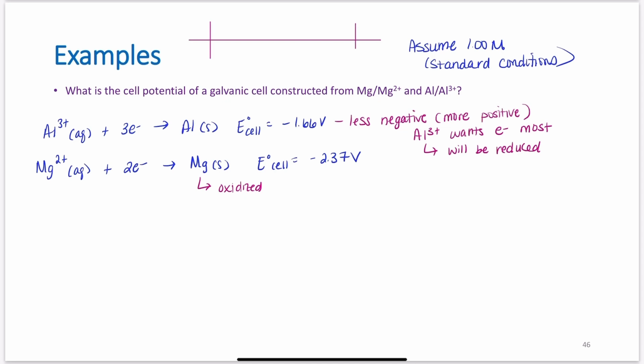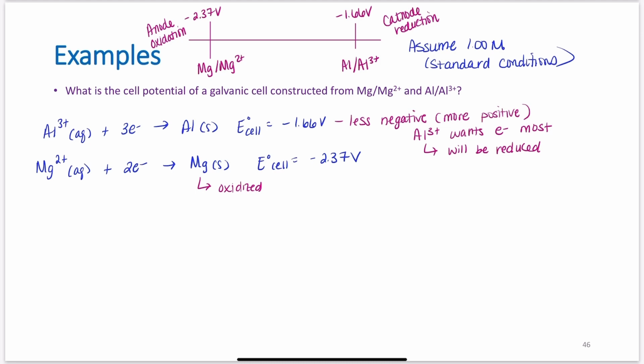If I look at the number scale, negative 2.37 volts for magnesium 2+, versus negative 1.66 volts, aluminum 3+. It's always going to be your anode, where oxidation occurs, and your cathode, where reduction occurs, okay?